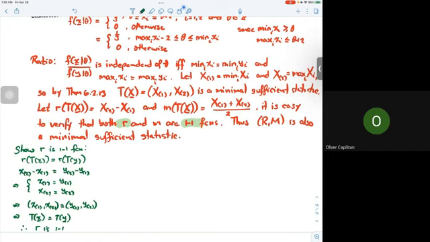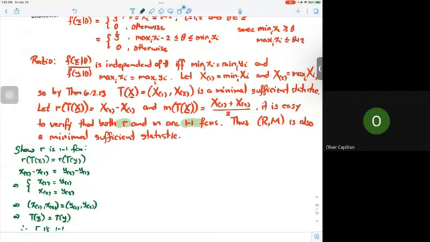Now we have expressed the range as a function of the minimum and the maximum order stat, and we have shown that this function is one-to-one, as well as the mid-range. This function is also a function of the order stat, which is equal to the mid-range, and it is also one-to-one.